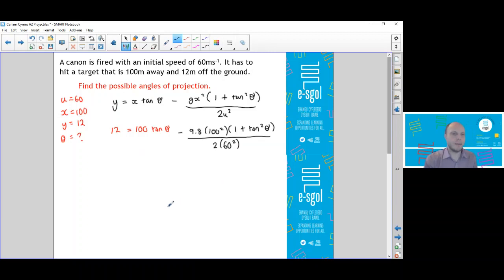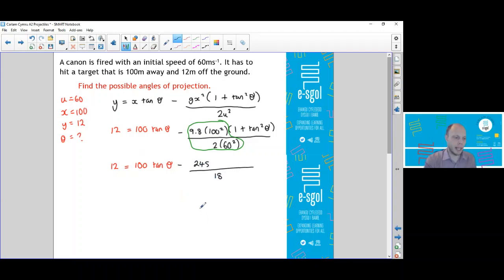Now, there are various ways you can rearrange this. The first thing I'm going to do is take all of the numerical bits here and see if I can make that a little bit nicer. If you type all of that into a calculator as a fraction, that would give you 12 equals 100 tan theta minus, and it comes out as 245 over 18, times 1 plus tan squared theta.